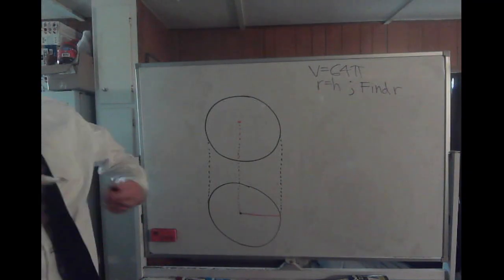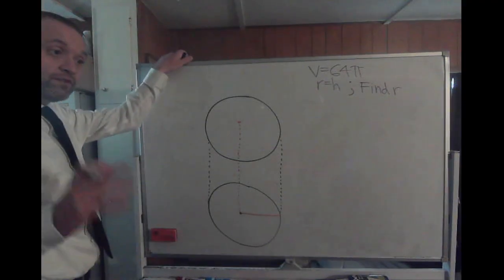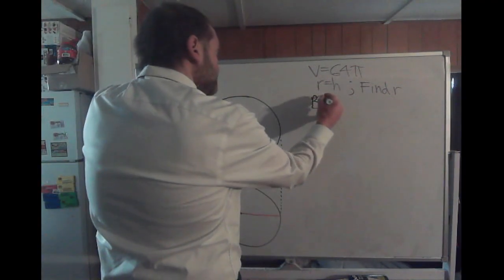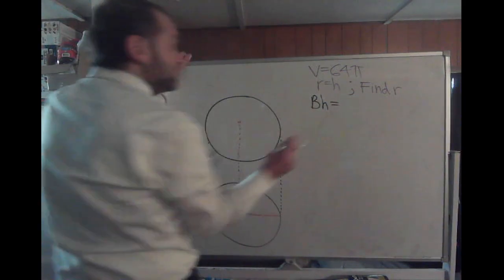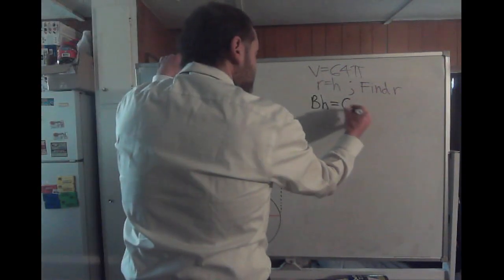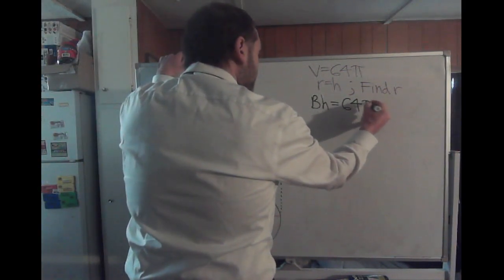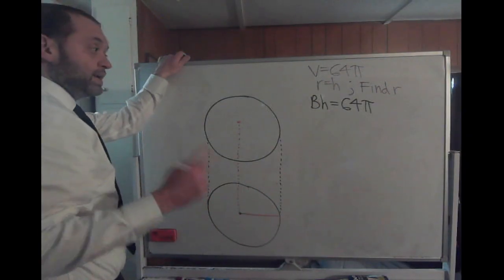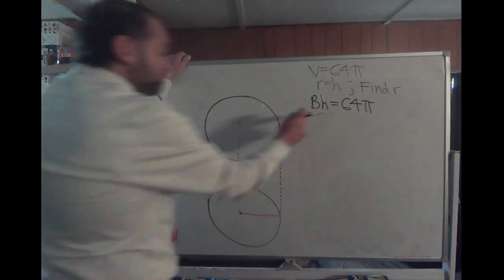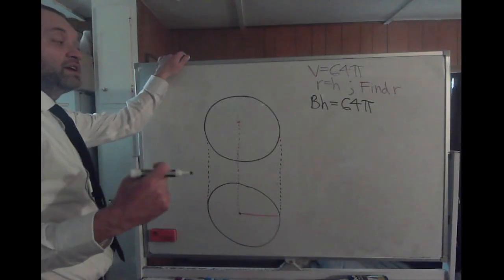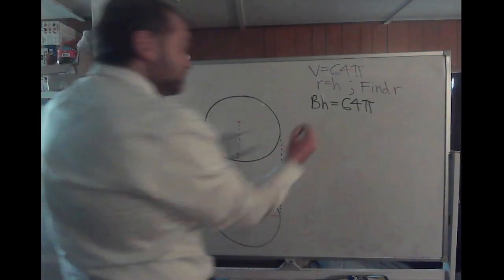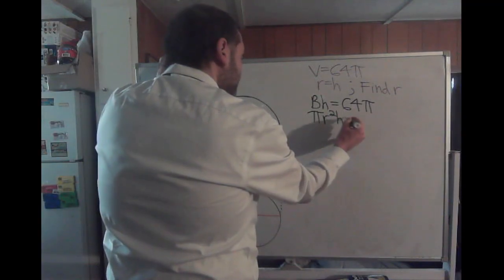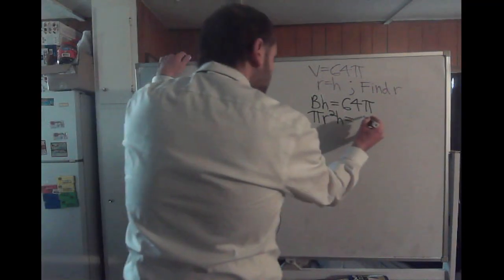So what you want to do in a case like this, take that volume formula, which is the base times the height, set that equal to the actual volume itself, which is 64 pi. Well, what is the base? What is the area of the base of the circle? In this case, it would be pi r squared times h. That would equal 64 pi.